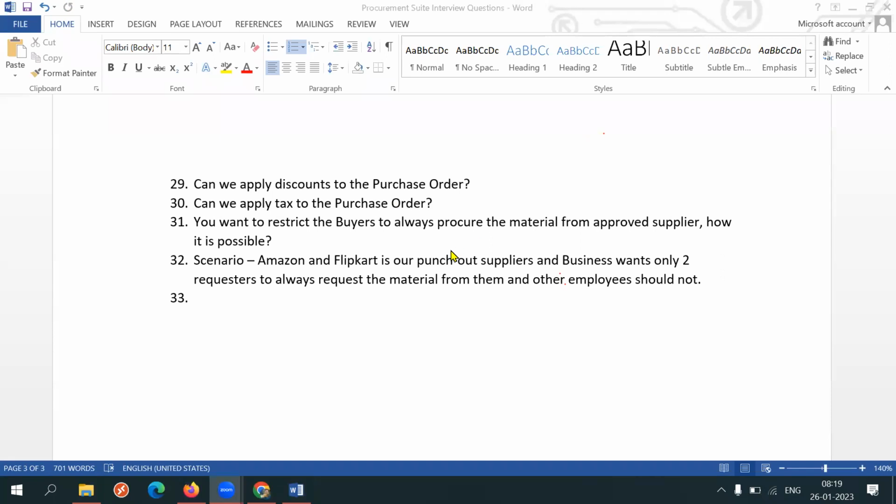You create a punch out catalog for Amazon and Flipkart, and that is added to the content zone. That content zone is added to only 2 employees. Very good. Understood, right?